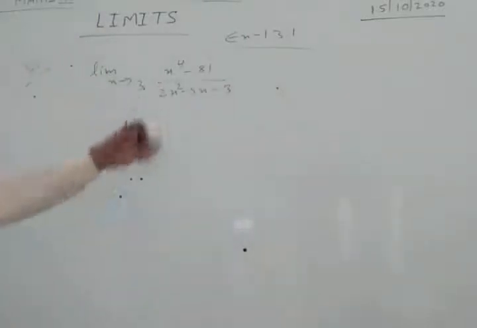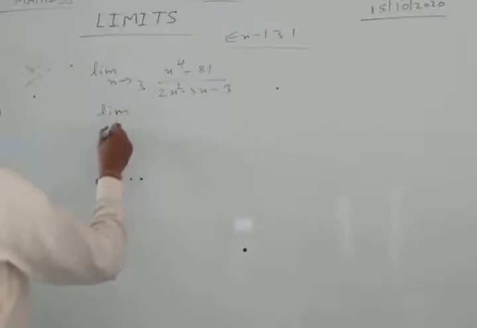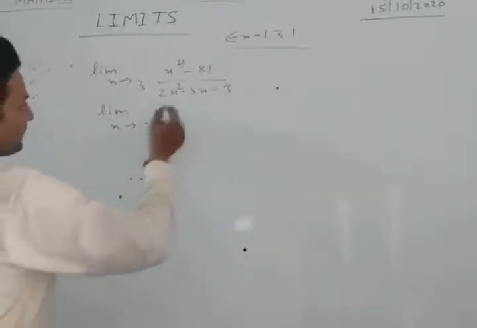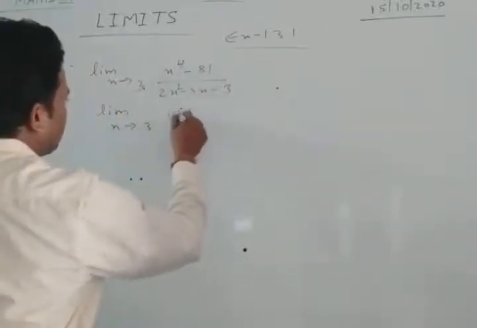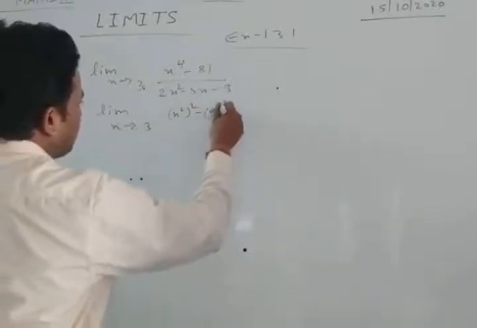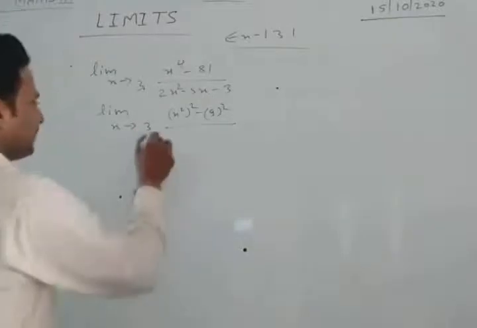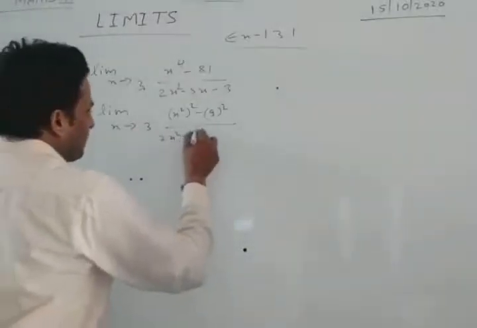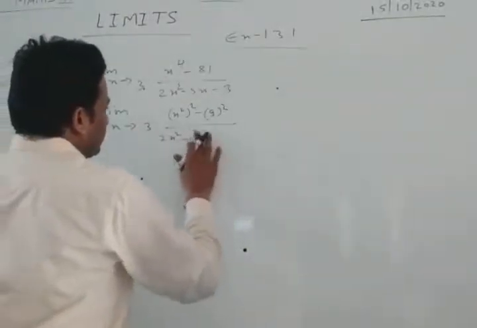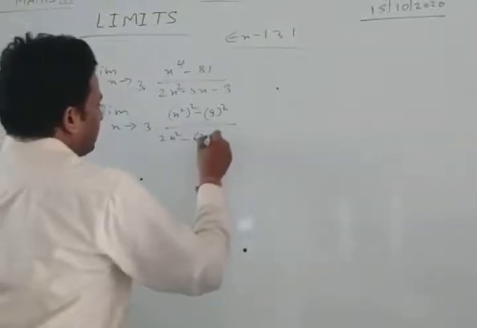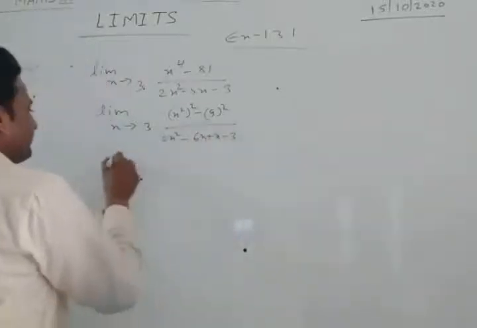Now we'll factorize both. We get limit x tends to 3 of x square whole square minus 9 square, and 2x square minus 6x plus x minus 3.